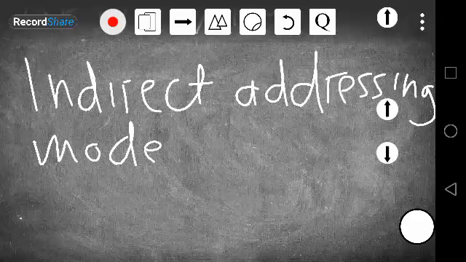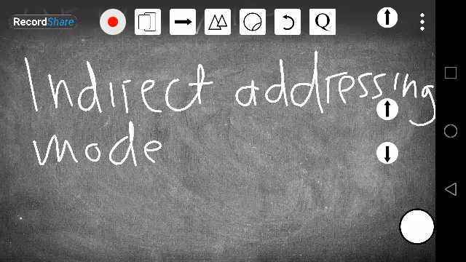Now, on indirect addressing mode, the address field of the instruction gives the address where the effective address is stored in memory. But you realize that this slows down the execution, as this includes multiple memory lookups to find the operand.